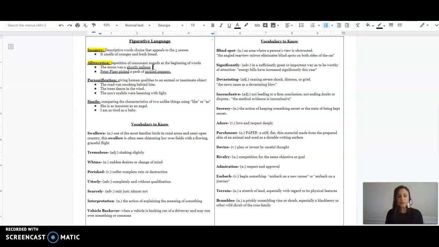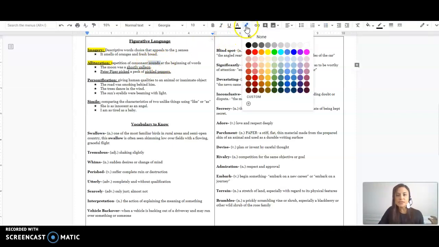However, if we have the word cat and kite, cat and kite, even though they start with two different letters, they have the same sound, okay? So you have to keep in mind that alliteration is the repetition of consonant sounds at the beginning of words.